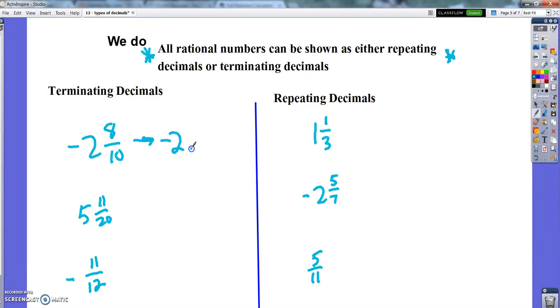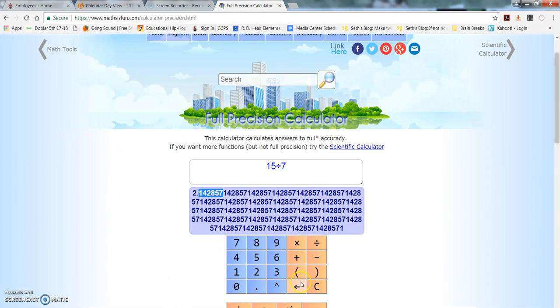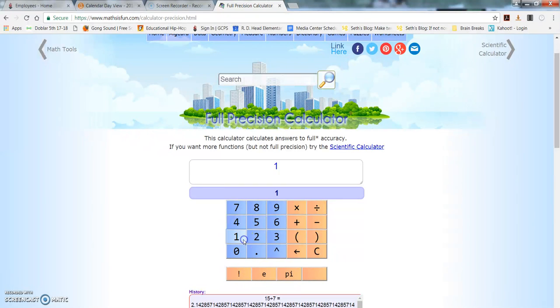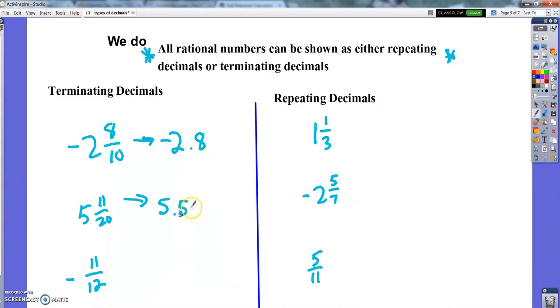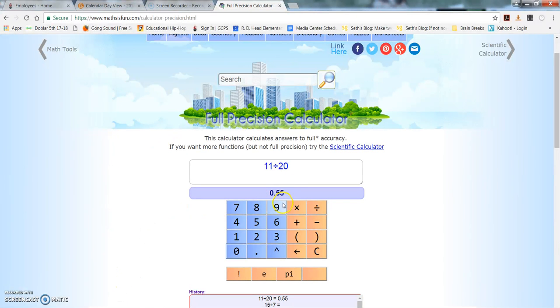That's -2 8/10. So that's a terminating decimal. 5 and 11/20 is 5 and 11/20, 55/100. And negative 11/12 would also give me a terminating decimal.